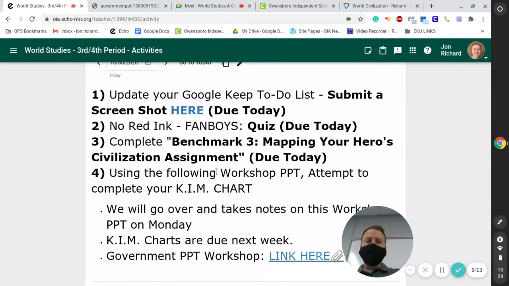You don't need to take notes on that PowerPoint right now, but what you need to do is use your Chem chart, because you should have numbers 1 through 5 done from the 5 themes of geography. Then numbers 6 through 13 are government terms, and you can look on this PowerPoint to figure this out.